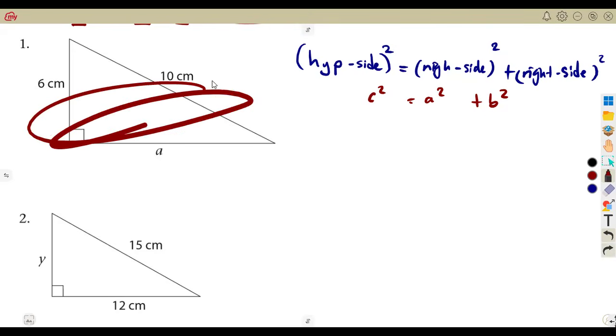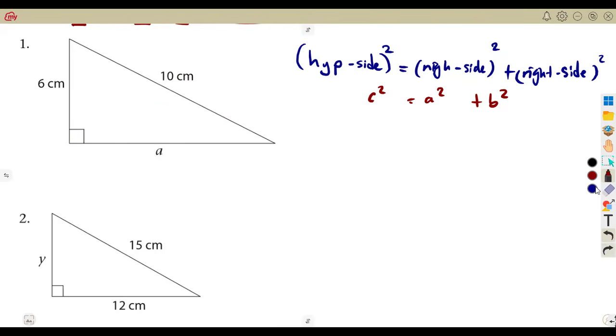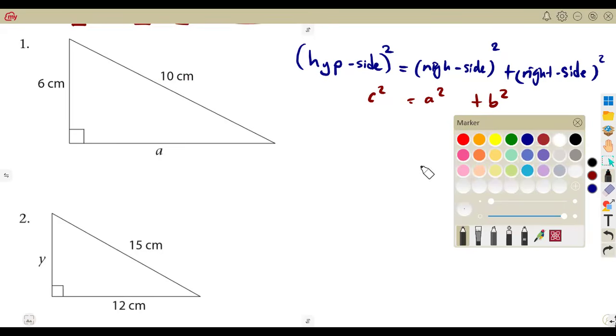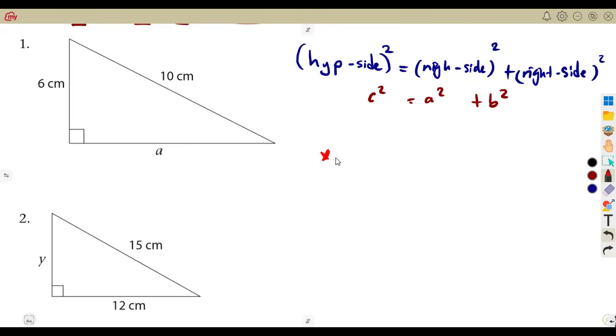So according to this triangle, what are we having? On number one, C squared, the hypotenuse. What is the hypotenuse? We are given that it is 10. So 10 squared is equal to what? The sum of the squares of the shorter sides, the 6 and the A. These are our shorter sides, the right sides, the ones that are adjacent to the right angle.